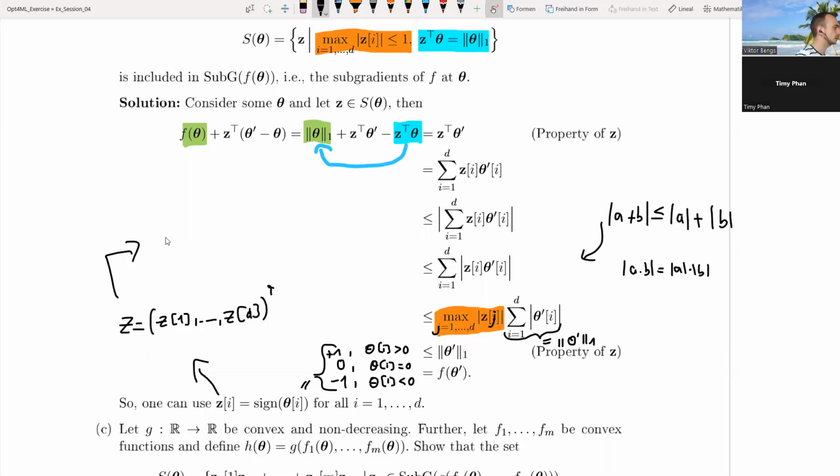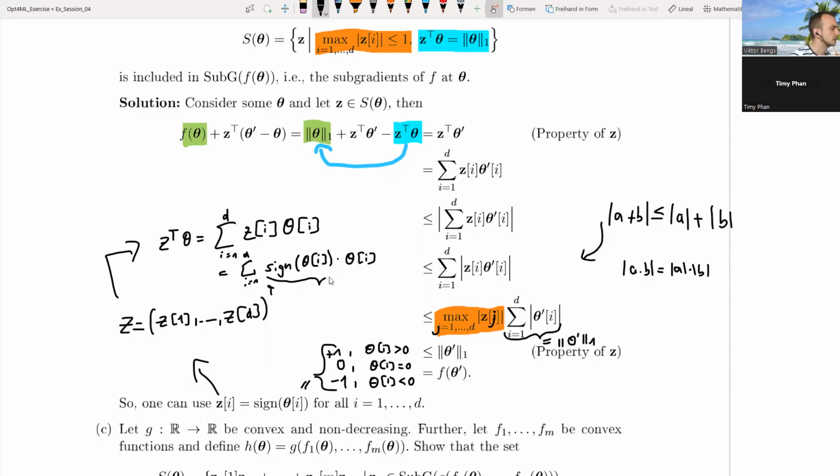Well, it's the sum of z_i theta i, which is the sign of theta i times theta i.